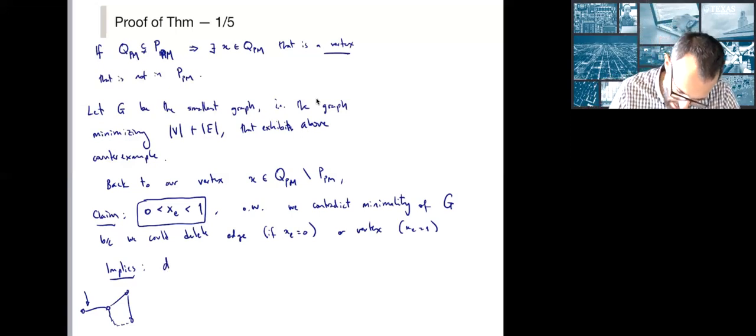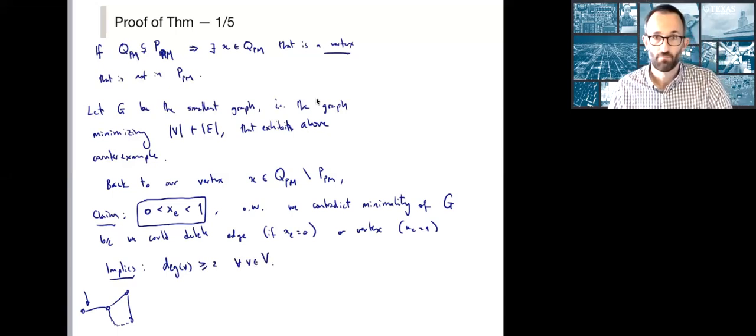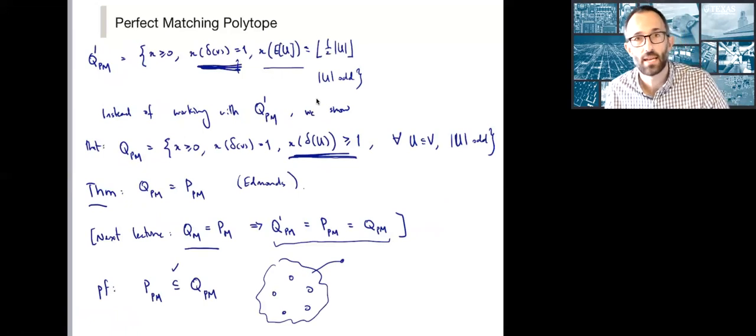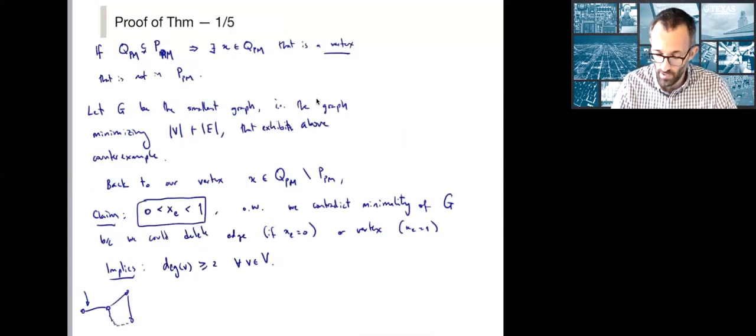And so it means that the degree of v is greater than or equal to 2 for every v in V. Otherwise, it does not satisfy this. We couldn't possibly satisfy this constraint. We would have to have xe for that single edge incident to v be equal to 1, and we don't have that.